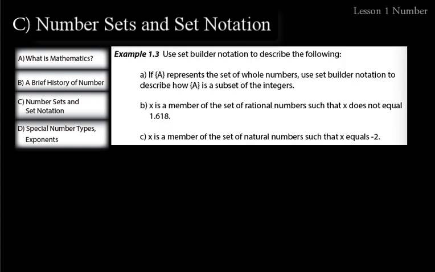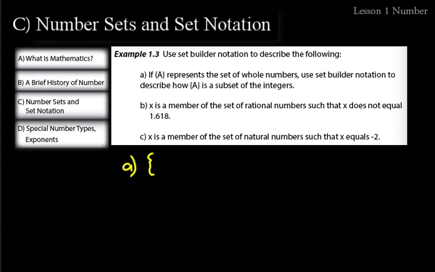Look at example 1.3. Use set builder notation to describe the following. We're kind of doing the opposite of what we did in example 1.2. Here we'll create the symbolic notation. If set A represents the set of whole numbers, use set builder notation to describe how set A is a subset of the integers. We can use our brackets for representing a set.